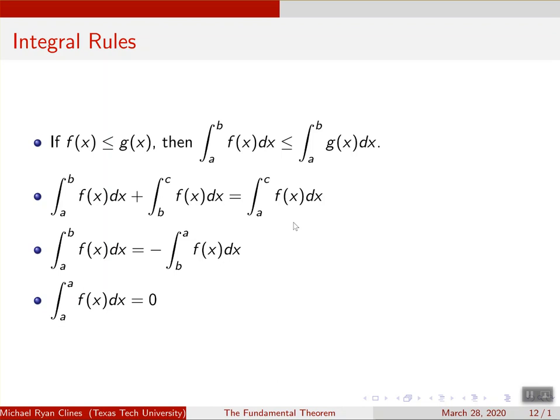Now, for these last three, what I want to do is actually walk through the proofs of the last three properties, because not only will that give you some insight into how these properties work, but it'll also allow us to practice in a more arbitrary sense how to deal with these integrals.